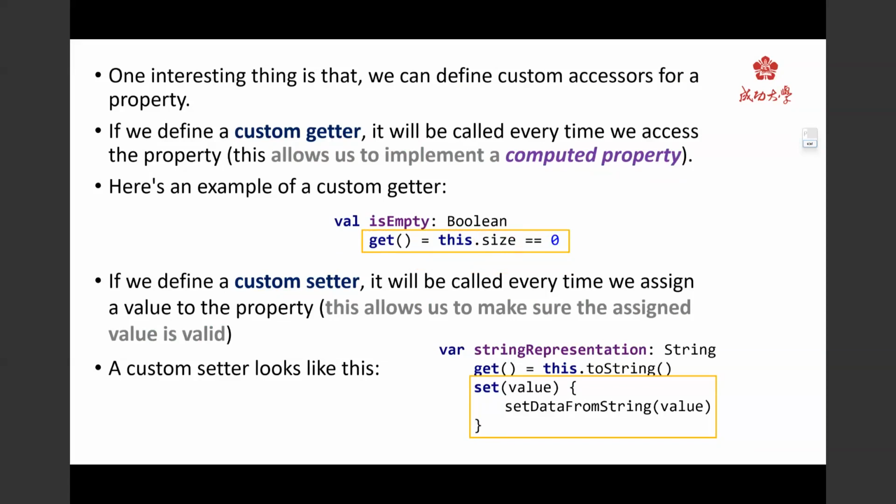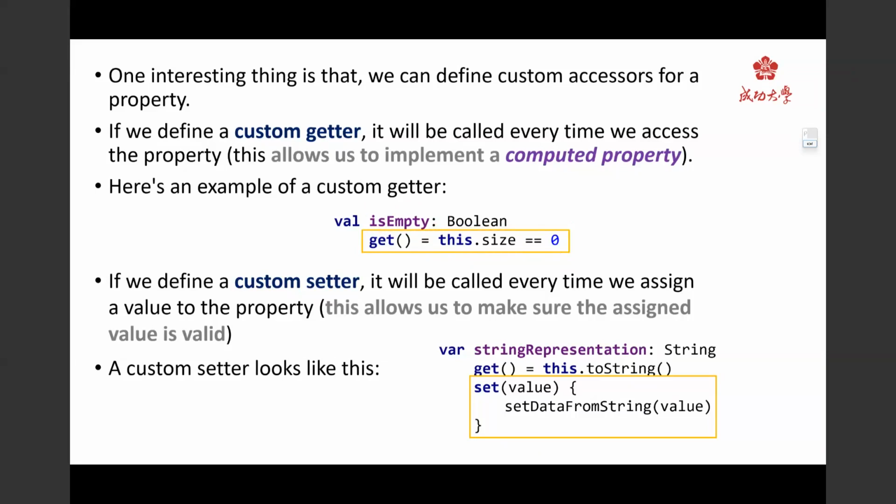So this is an example of a computed property, and you can see a custom getter function is defined right beneath the property name. Every time this property is referenced, its corresponding getter function is going to be invoked, and inside the getter function, you can see its value is computed accordingly.